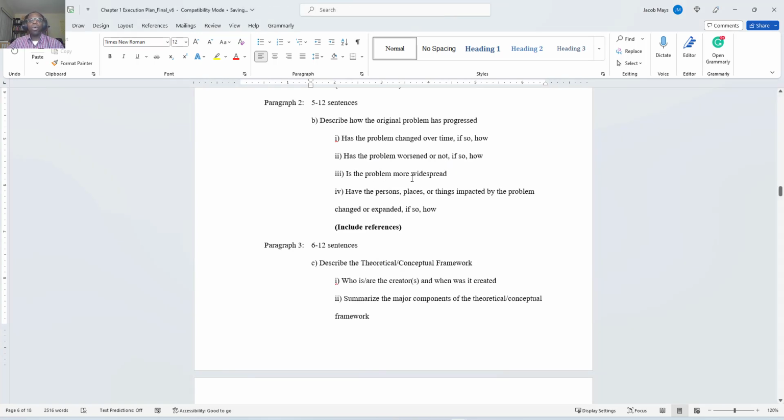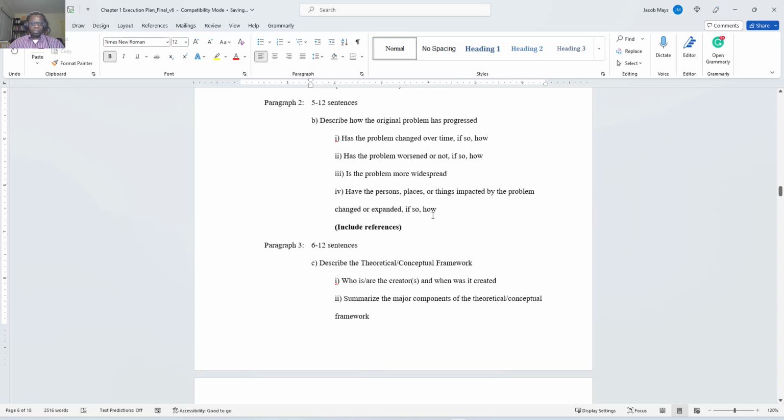Is the problem more widespread? Have the persons, places, or things impacted by the problem changed or expanded? If so, how? Remember, your answers to these questions, the description of the progression of the problem, are going to be based on the literature. So you must include references.